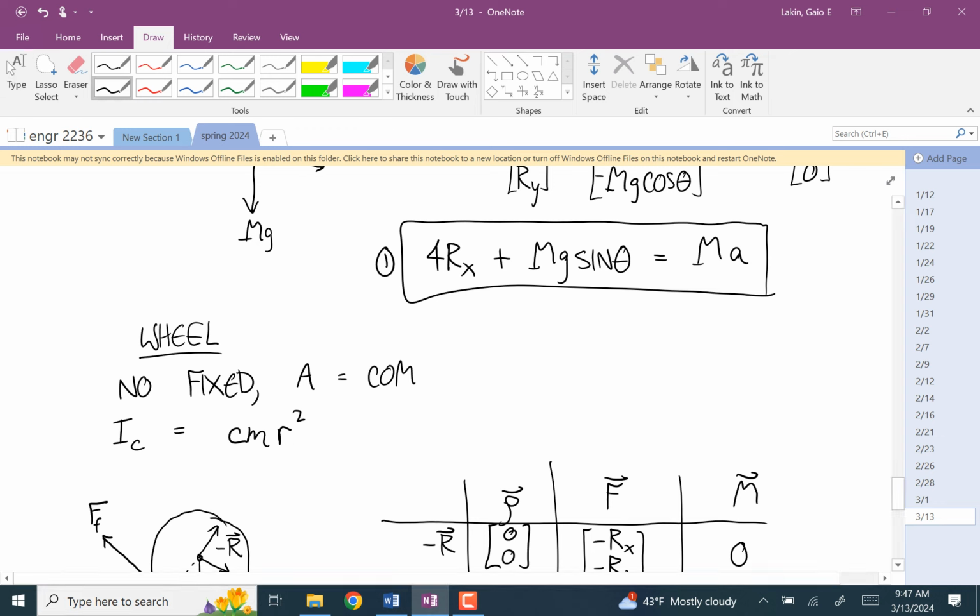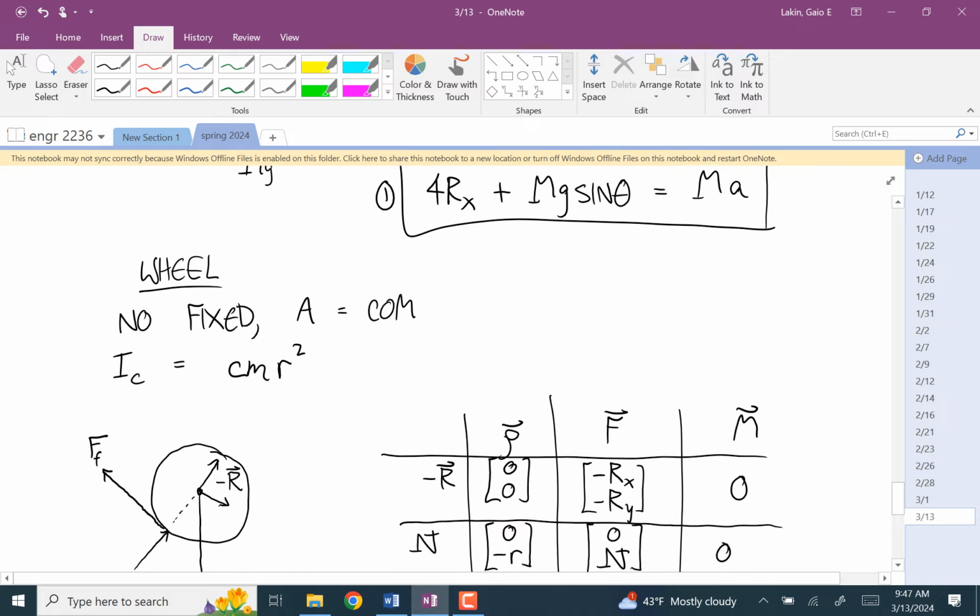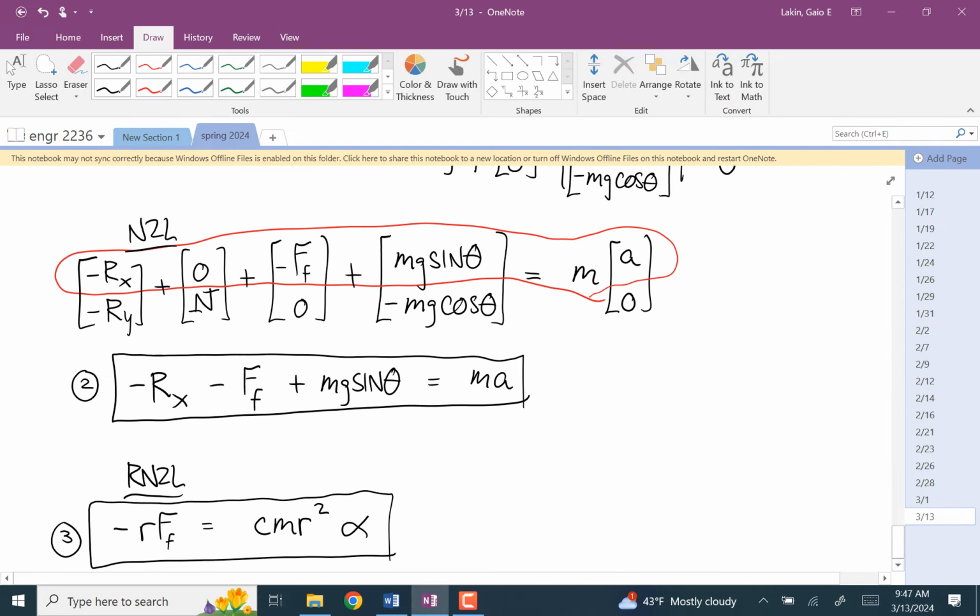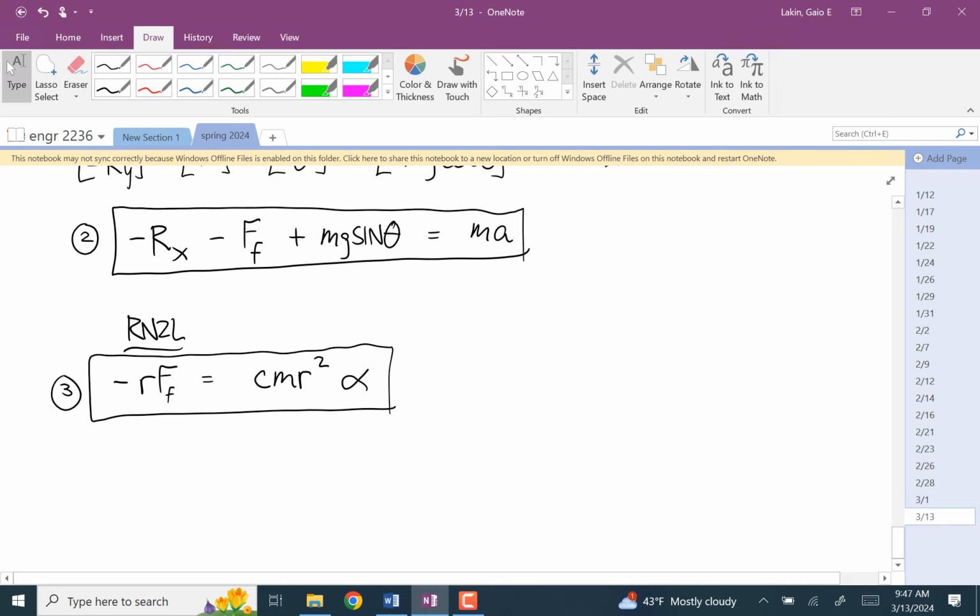Now, the m's and the g and the theta are all constants that would be given, so those aren't variables. So Rx and a, that's two variables, and Ff, that's three variables, and alpha, so we have four variables.